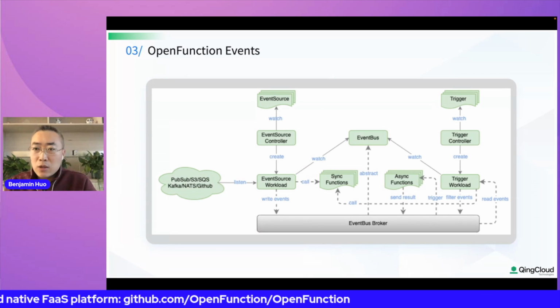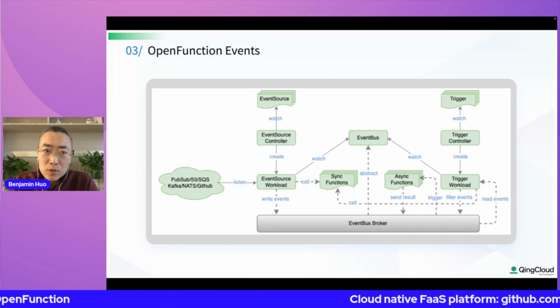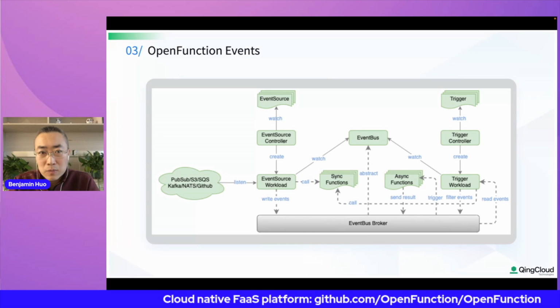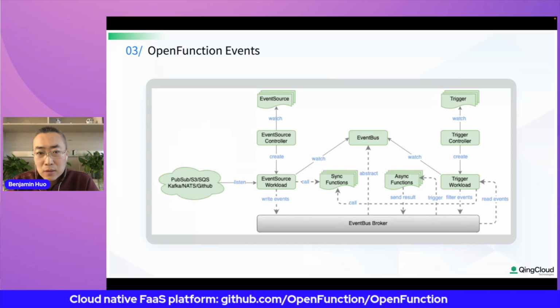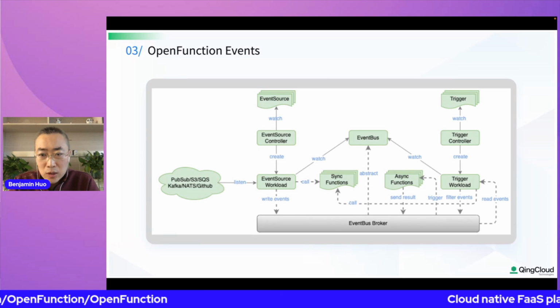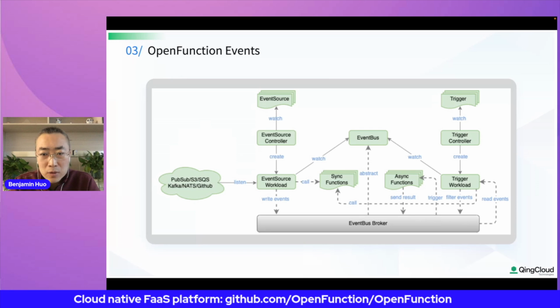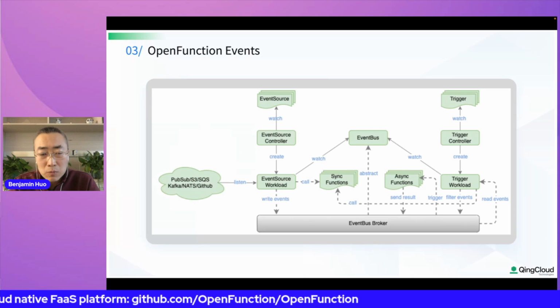And this is the events framework of OpenFunction. It's very much inspired by Argo Events. Actually, I think the architecture of Argo Events is pretty good. The difference between OpenFunction events and Argo Events, I think, is that the event bus broker is decoupled from the framework by using Dapr's PubSub building block.